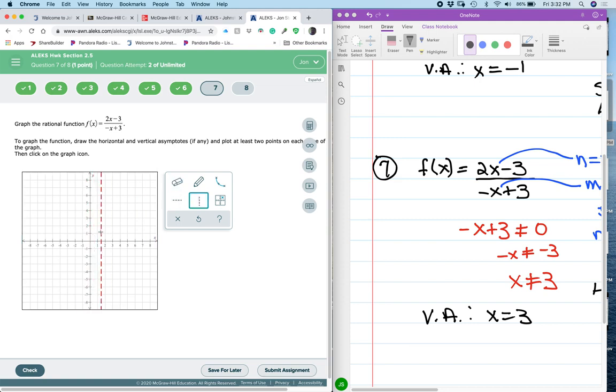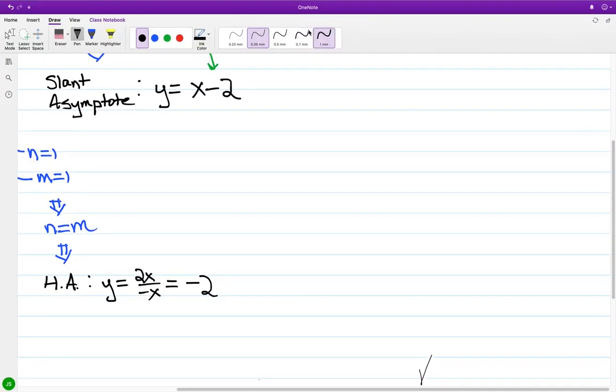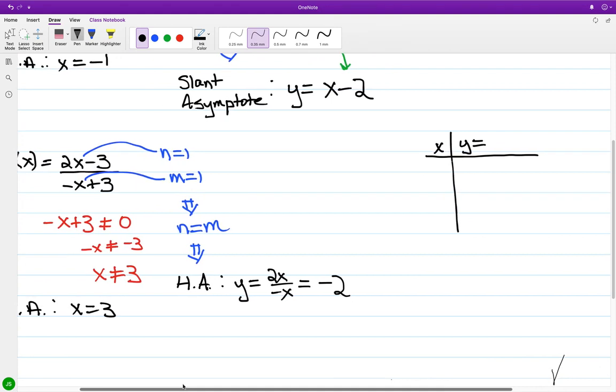Okay, so in looking at plotting, we have x equal to 3, and we also have y equal to negative 2. So we have the asymptotes. Now, in plotting a couple of points on either side, we have y equal to 2x minus 3 over negative x plus 3.